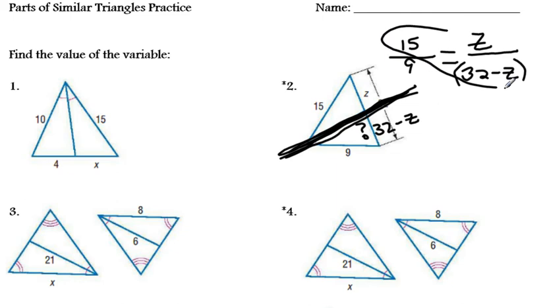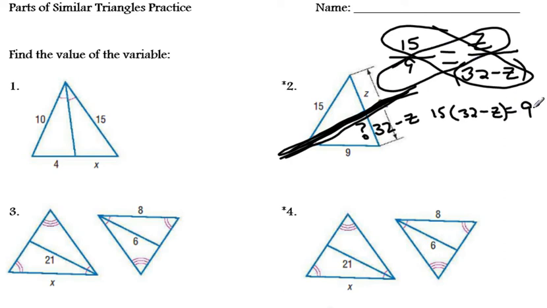Cross multiplying, we have 15 all times 32 minus z, and that equals 9 times z, which is 9z. Distribute 15 to 32, and you have 480 minus 15 times z, which is minus 15z, and that equals 9z.